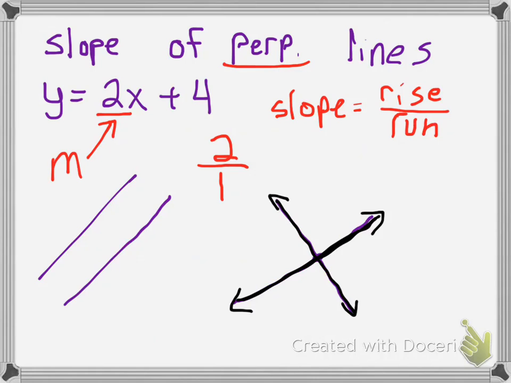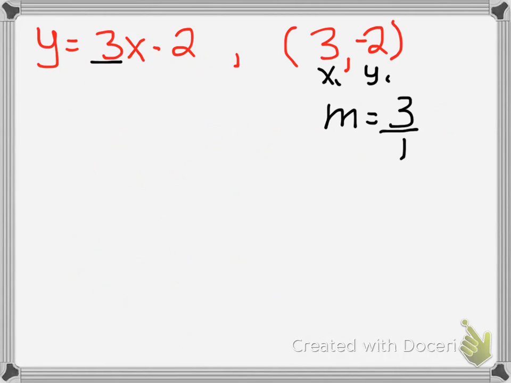With a perpendicular slope, I need to change the sign. So back here, if I want a perpendicular slope, upside down T with an M, what I'm going to do is change the sign. Now this is a positive slope that I'm given. I'm going to change that to a negative.